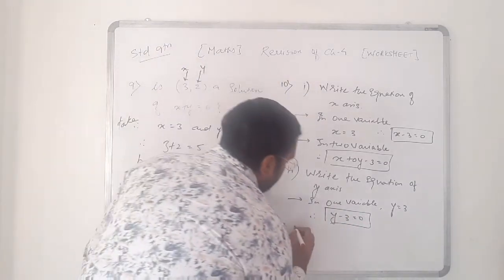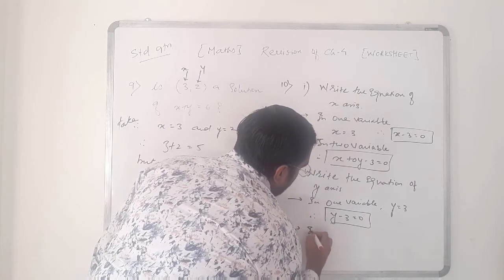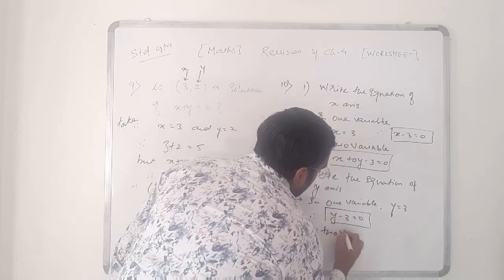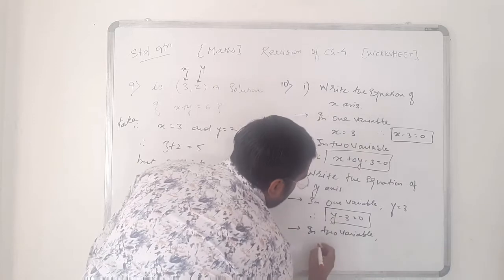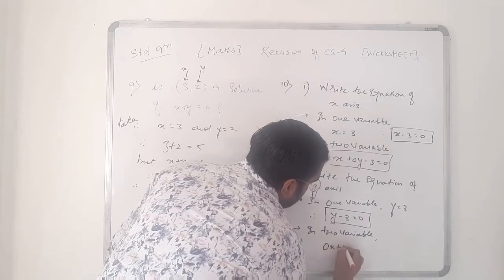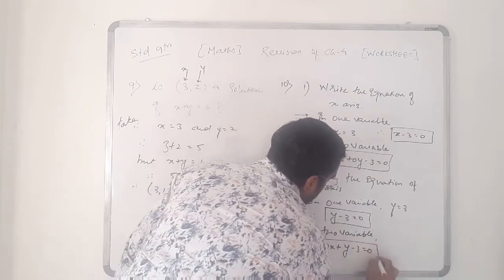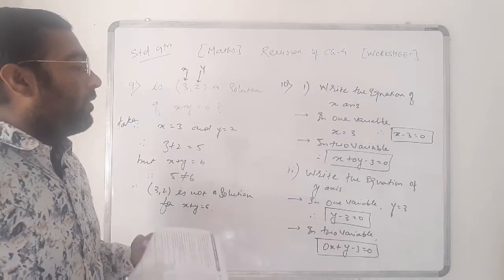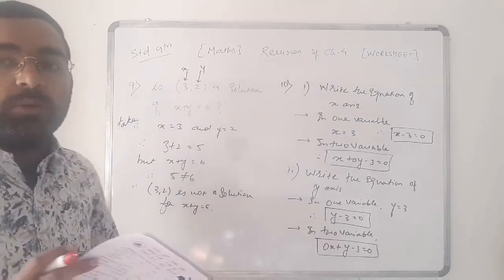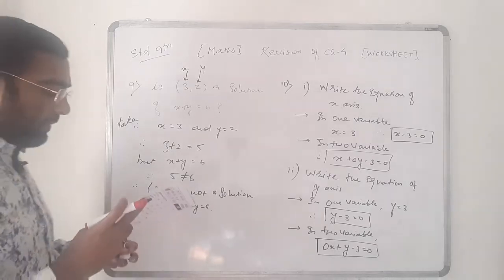And now for two variables, we are writing 0x plus y minus 3 equal to 0. This is my linear equation in two variables. Okay, so please note down both of these, question number 9 and question number 10.